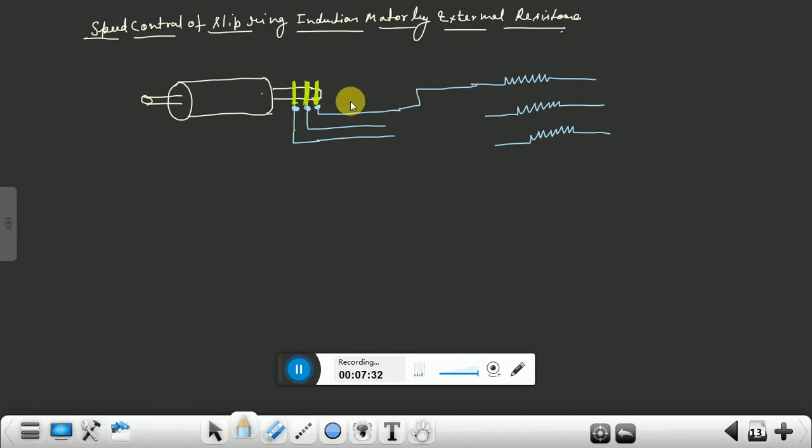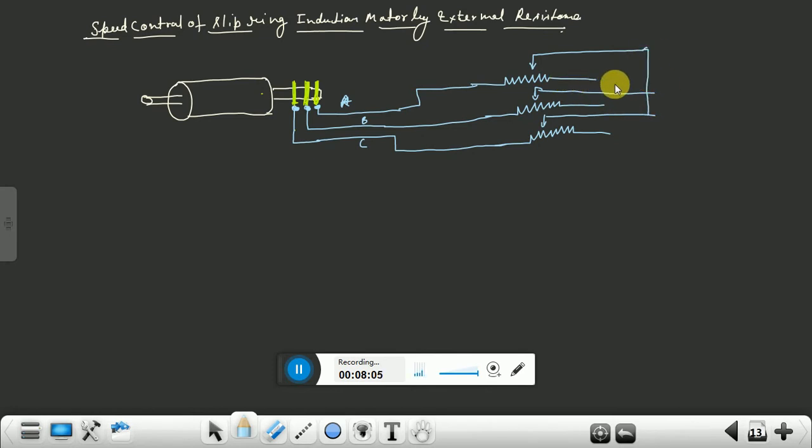Suppose this is A winding, B winding, and C winding, so connect in this manner. And this is the jockey or wiper.